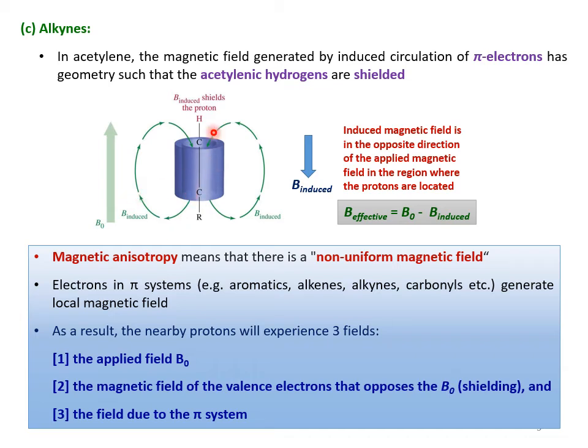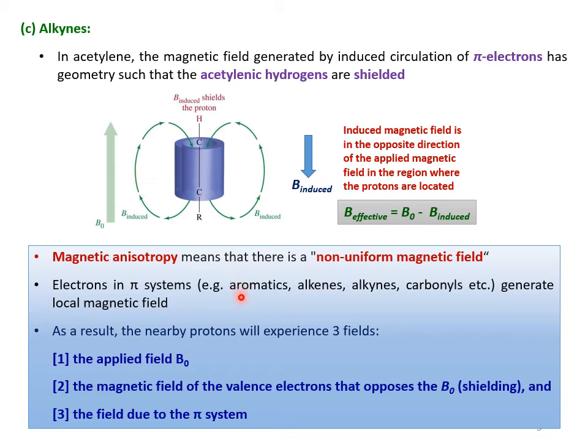The shielding and de-shielding of the protons in compounds having pi electrons depend upon the position. If the proton is located in the region where the induced magnetic field is in the same direction as the applied magnetic field, the proton is de-shielded. It experiences a greater magnetic field, that is B effective is equal to B naught plus B induced.